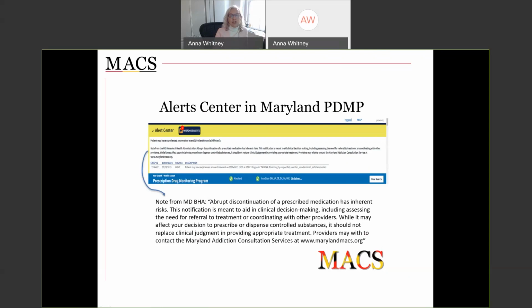And the notification of the potential overdose event is really meant to aid in clinical decision making. That it might include assessing the need for referral to treatment or coordinating with other providers. And that it is clinical judgment in providing appropriate treatment that really is necessary. And Maryland MACS, or Maryland Addiction Consultation Service, is there to help assist as well.